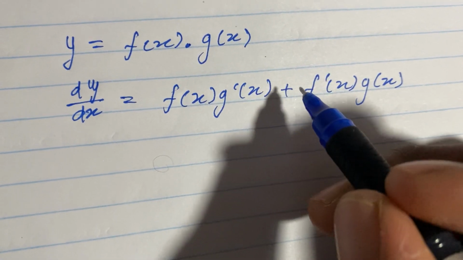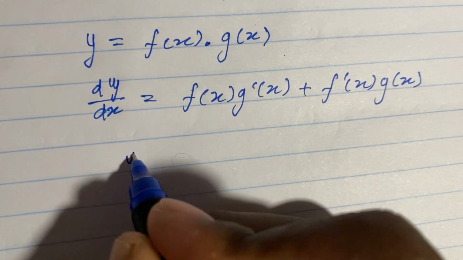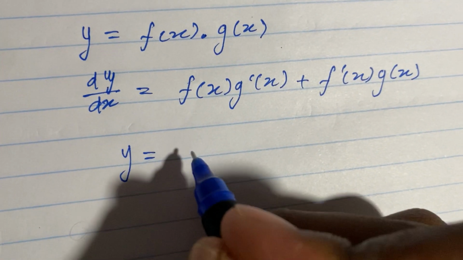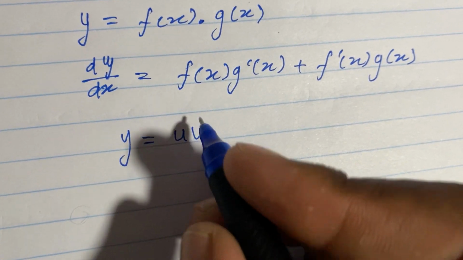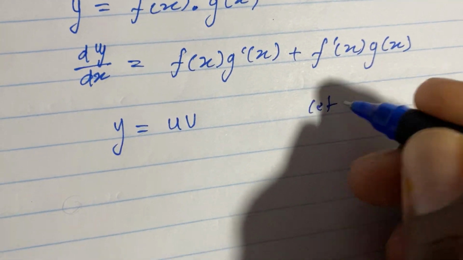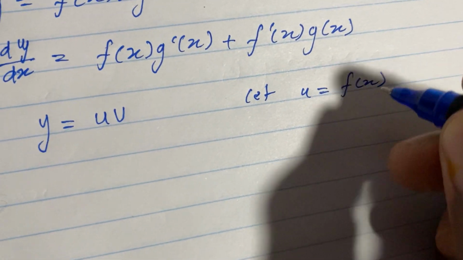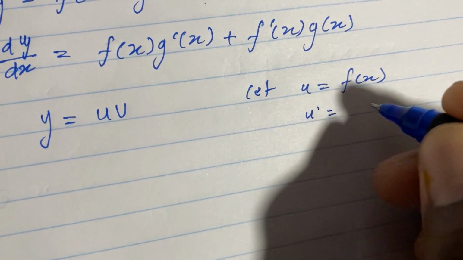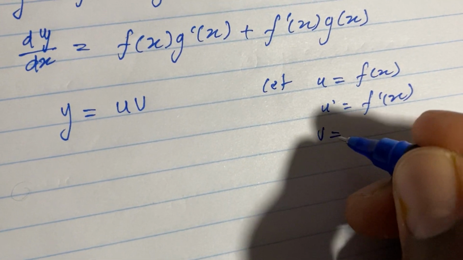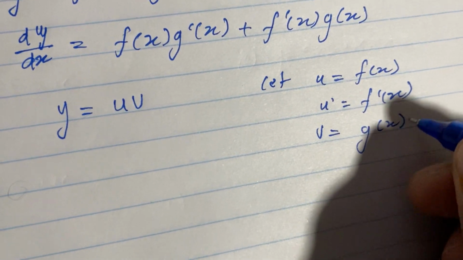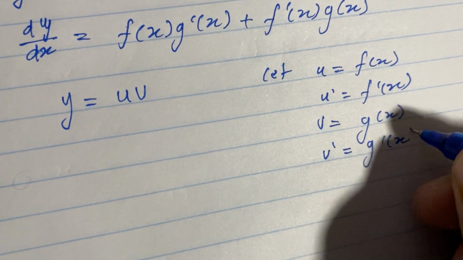Okay, so now let's simplify it. Let's write it in another form. Let's say you had y equals uv, and let u equal f(x), and then u prime will be f prime of x, and then v equals g(x), and v prime will be equal to g prime of x.